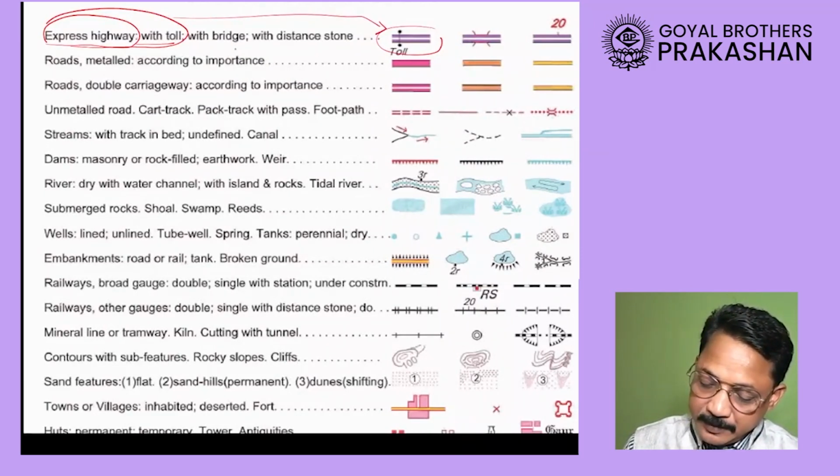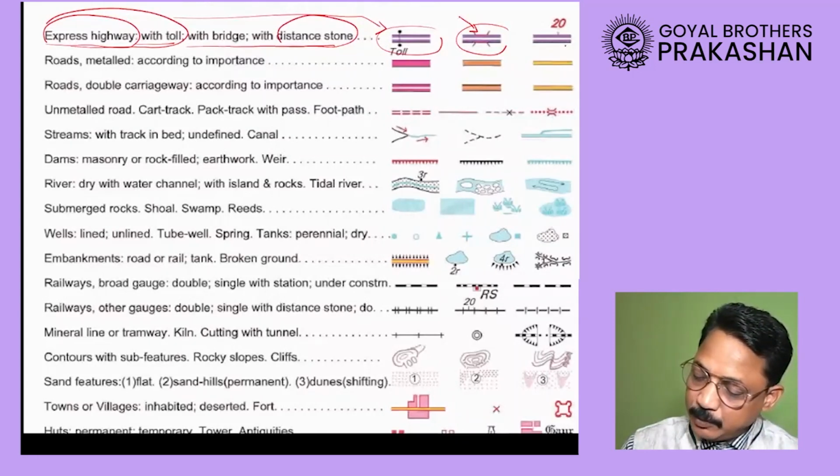After that, what is given here is express highway with a toll, with a bridge, with a distance stone. Now the next one is express highway with a bridge. So this is a bridge. Then it shows with a distance stone. So on the same express highway, when you go here, you find a number written 20.